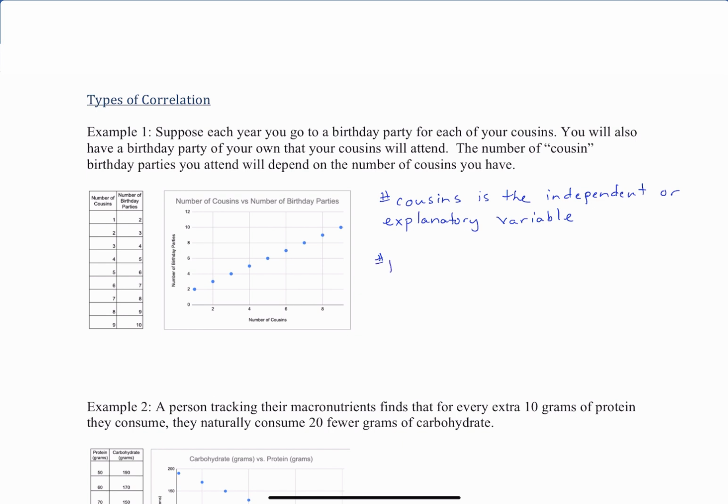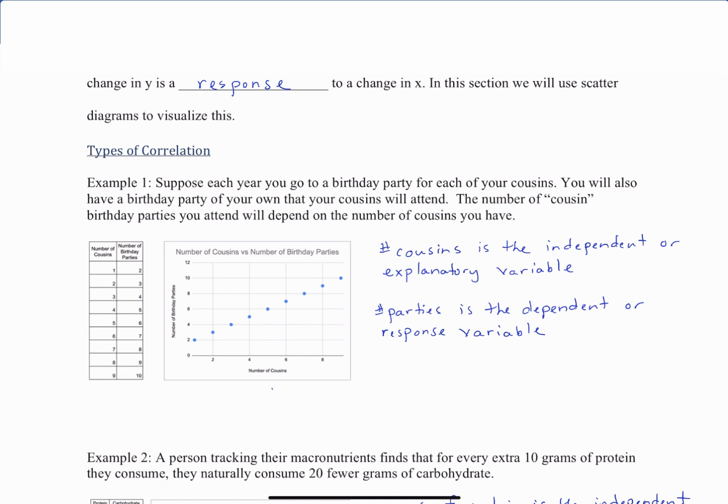The number of parties is the dependent or response variable. So the number of parties you go to depends on how many cousins you have. There's a clear mathematical relationship between these two things. And in this case, the relationship is simple enough that we can come up with the equation for it pretty easily.